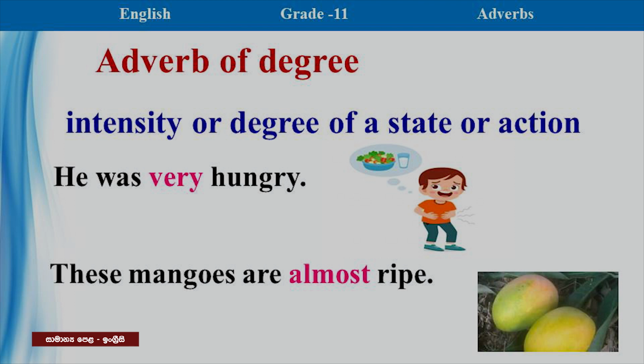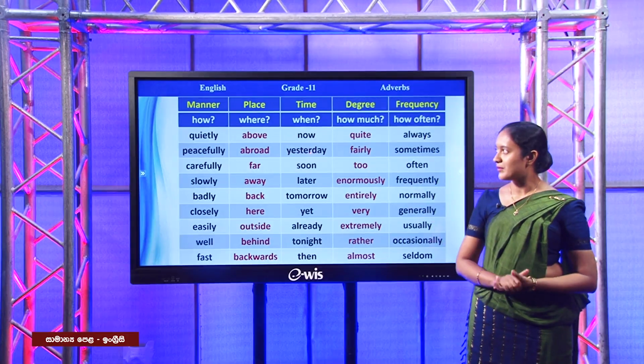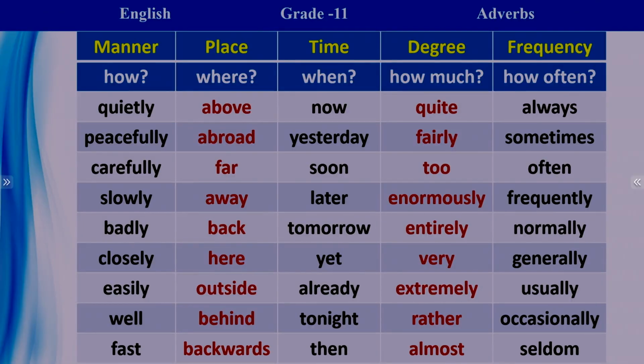Okay children, now you learned 5 types of adverbs. What are they? They are adverbs of manner, time, place, frequency and degree. Now look at the table on the screen. Here are some more examples for the 5 types. Let's see them one by one. Look at the first column.